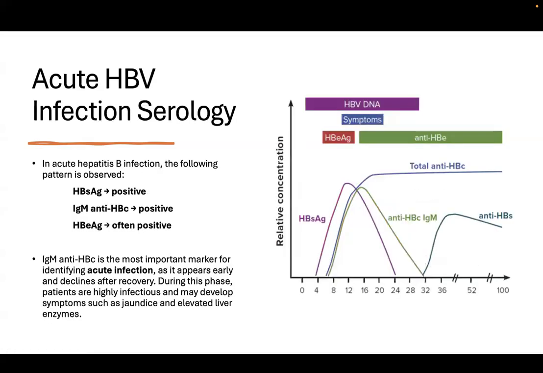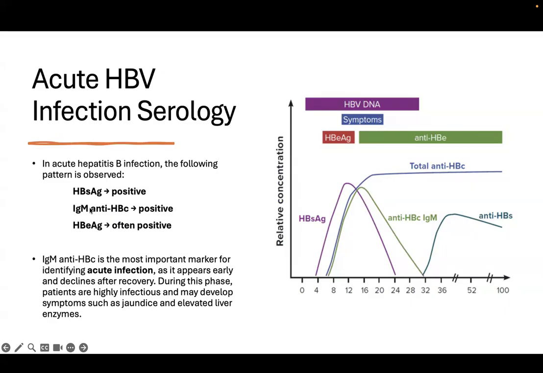So what does the serology of an acute hepatitis B viral infection look like? As we know, the first thing that comes up is your surface antigen. This is positive. We have your IgM anti-HBC, so this is the core.